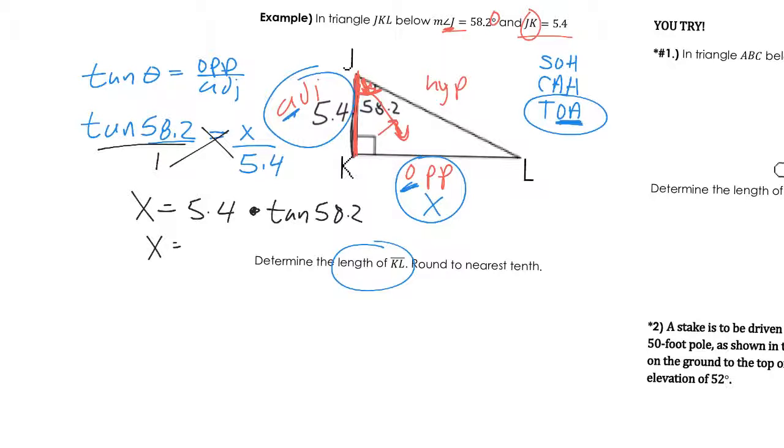So tan 58.2 and hit enter. That is 1.612 times 5.4. I get 8.7. It said to round to the nearest tenth, so that's 1 decimal place. It's really 8.709, but since it's 0, it just rounds to 8.7. So that's how I found that missing side.